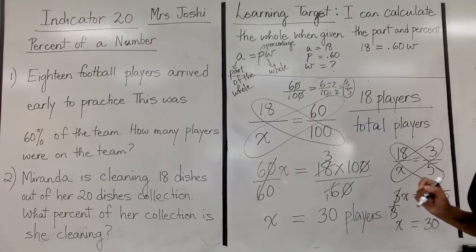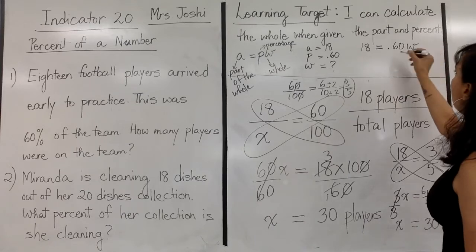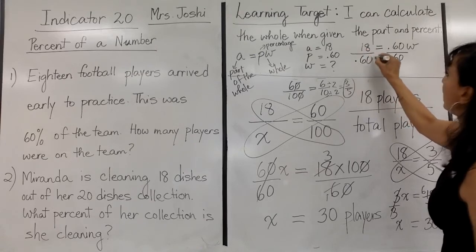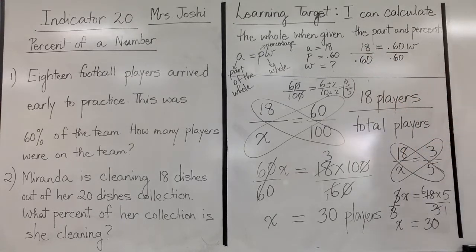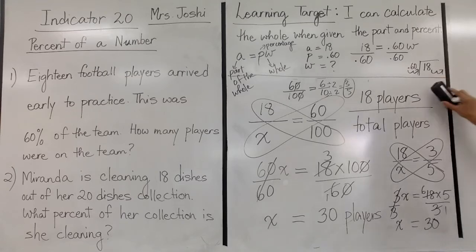Now 60/100 is the one which is attached to the variable, so I'm going to divide both sides by 60/100. 18 divided by 60/100. Remember, your divisor cannot have a decimal, so I'm going to move it 2 places to the right, and the same thing here, 2 places to the right, and that gives me 1800 divided by 60.